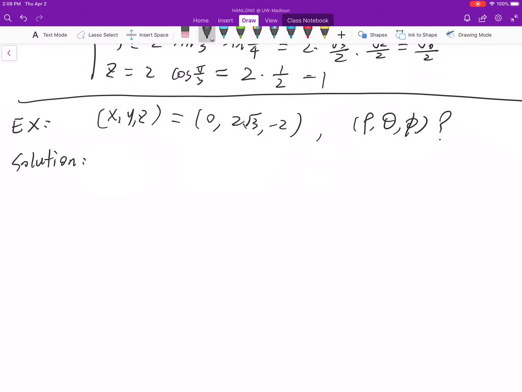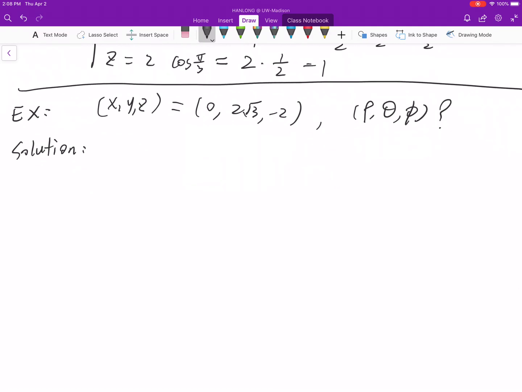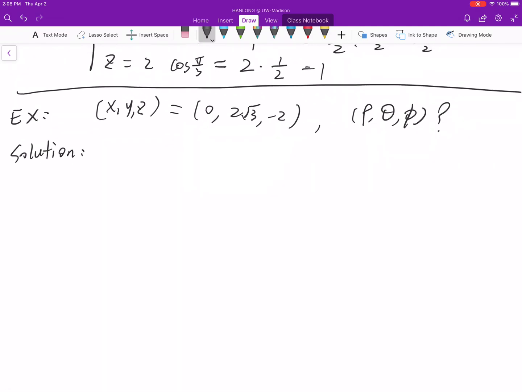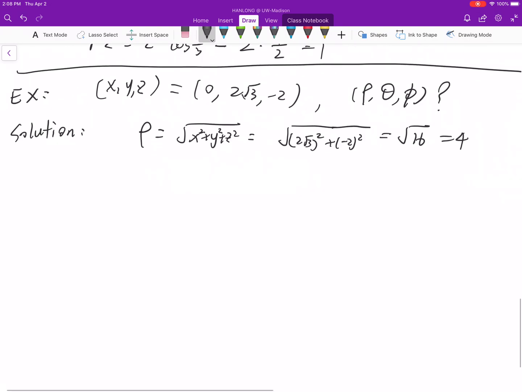This is a little bit more involved because the formulas for rho, theta, phi in terms of x, y, z are not that straightforward. So rho is given by the square root of the sum of squares. So you have 2 square root 3 squared plus negative 2 squared. So totally you have square root 16, which is 4.